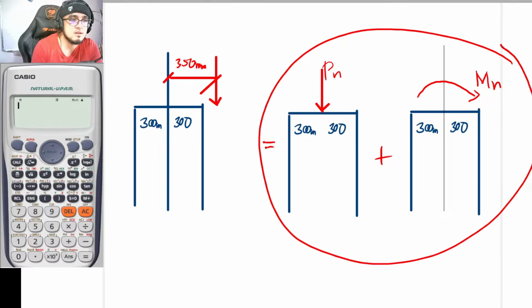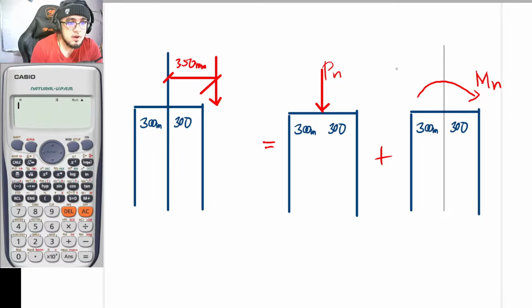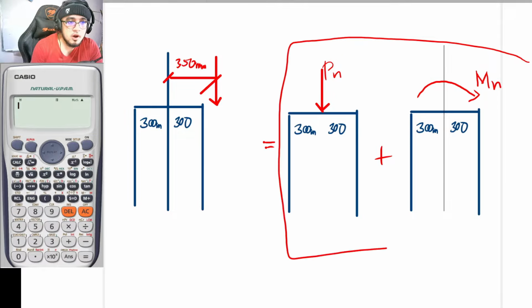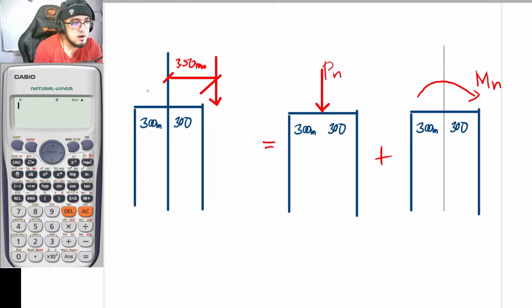In this case, we have just separated the Pn and the Mn, but its effect, if they are to be under one loading condition, or if they would be acting together, your Pn and your Mn, so let's say that I will be putting this here. If I am to combine the two, it would result to this.